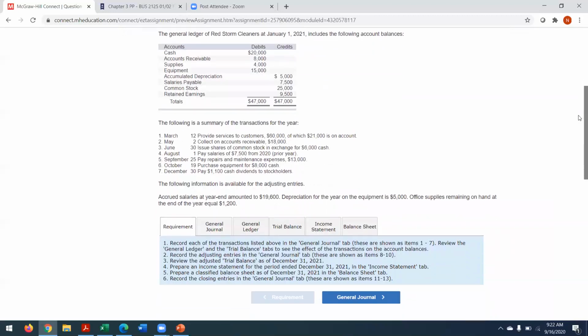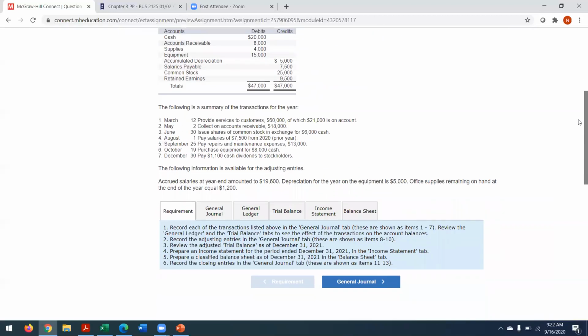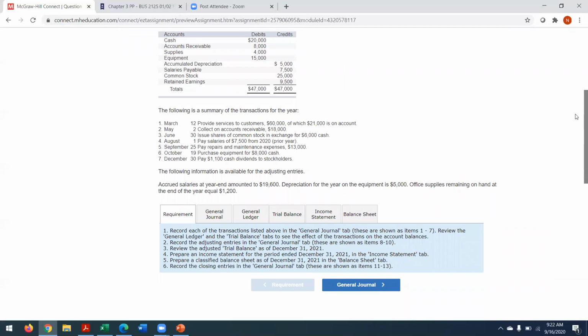Then it tells us, here are the adjusting entries.